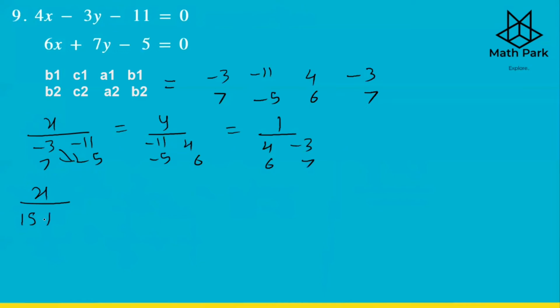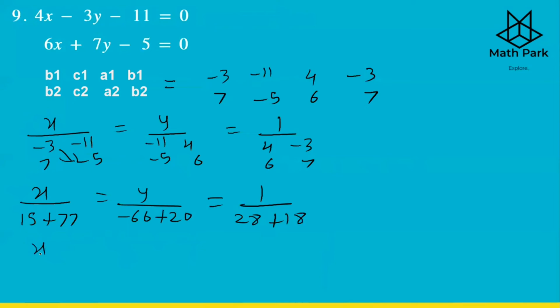Minus of minus becomes plus 77, which is equal to y upon minus 11 into 6 is minus 66. Minus 5 into 4 is minus 20. Minus of minus becomes plus 20, which is equal to 1 upon 4 sevens are 28. 6 into minus 3 is minus 18. Minus of minus 18 becomes plus 18.